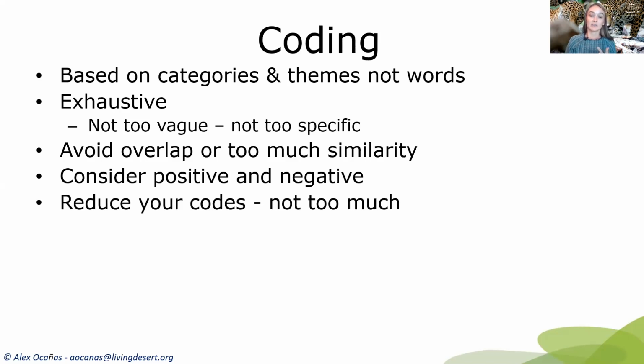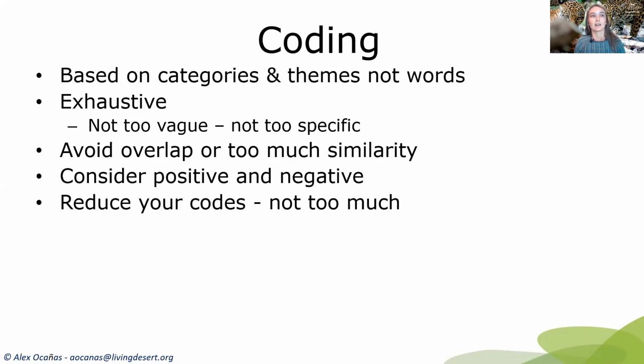And then again, after we've made sure that we have pretty exhaustive codes of all the data that we have, but that are not too vague and not too specific, and we're making sure that they're not overlapping too much with each other, we do want to reduce those codes in general. So you will encounter situations where you might have hundreds of codes, which sounds like a lot.